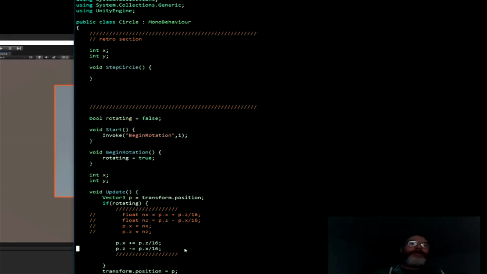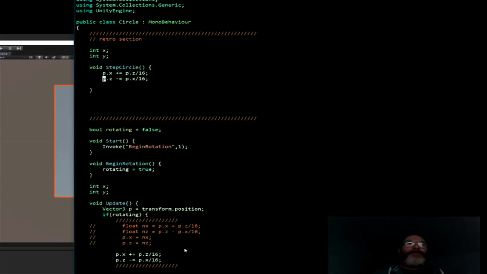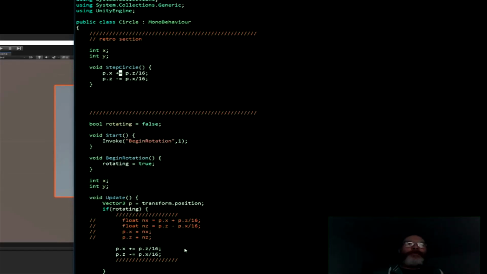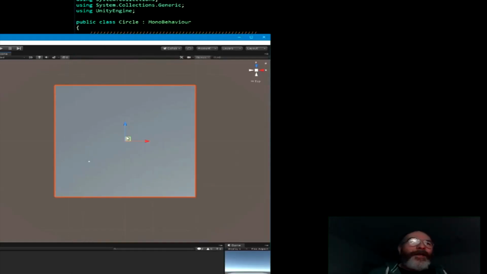So what I'm going to do then is create a function called step circle, and I'm going to just copy these two lines, the lines that I showed you, which were working in floating point. So you could just go, Z will become Y. So let's do this, and we can get rid of that, and so it becomes like that.